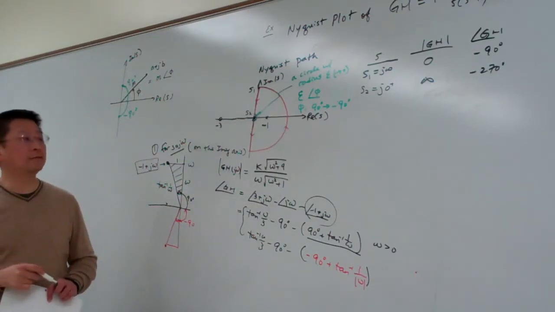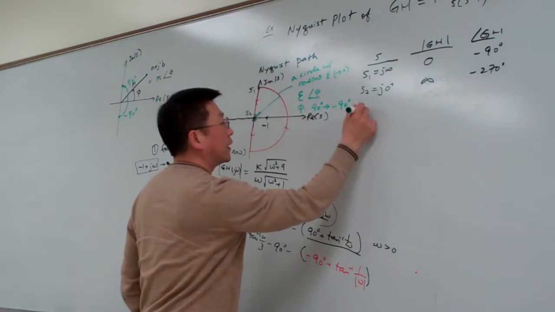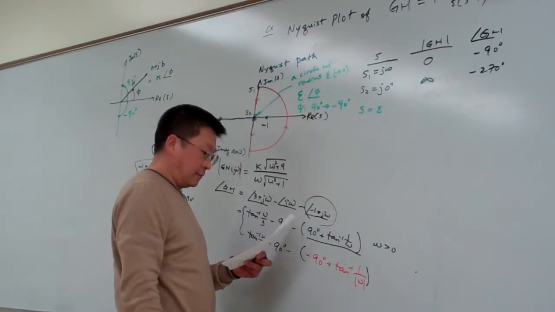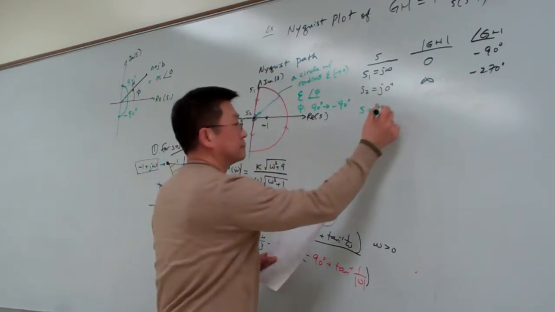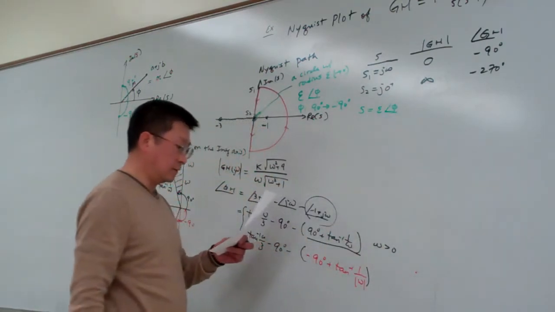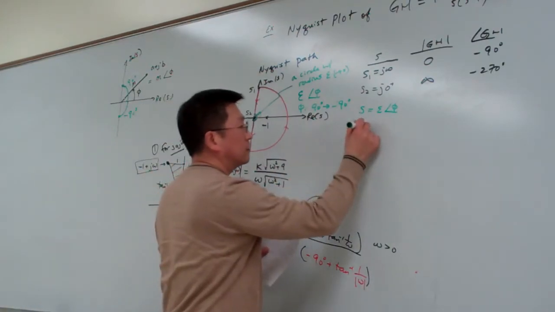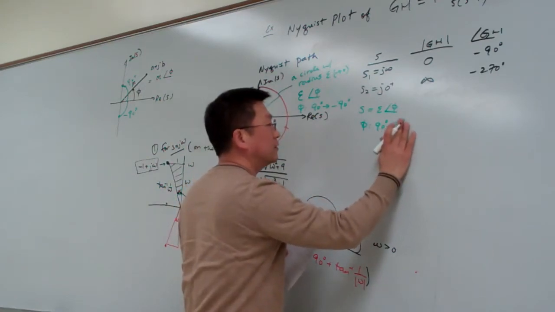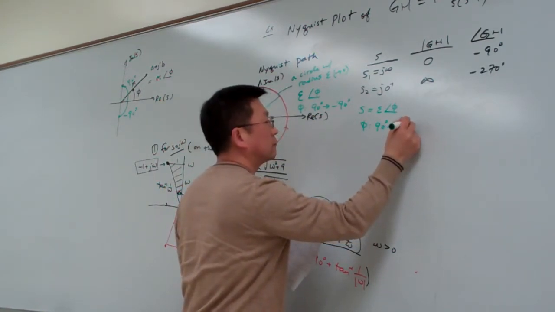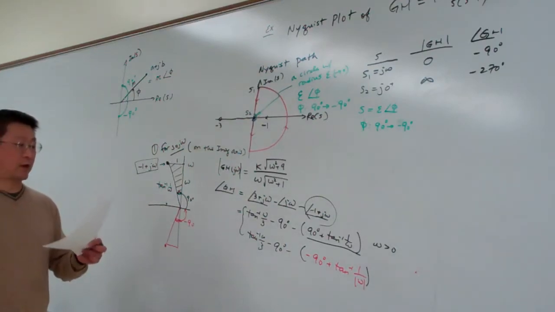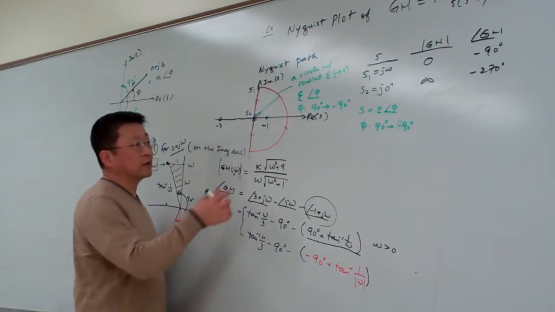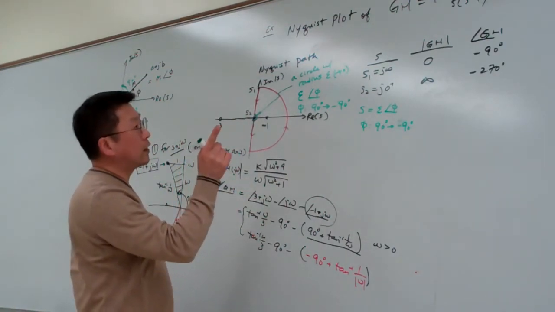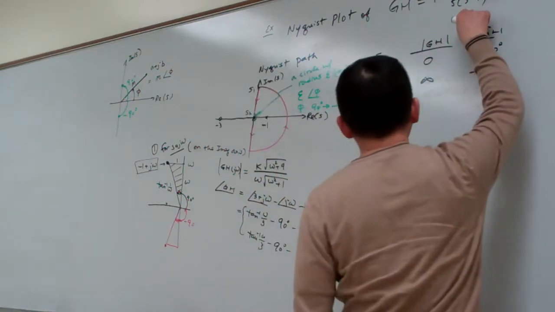Be good? Okay, so now for s will be equal to epsilon e to the j phi here, okay? So phi equal to 90 degrees, changing to minus 90. Okay, so we keep this in mind. So now we calculate the magnitude. So for the magnitude right now, again, here we have to look at here.